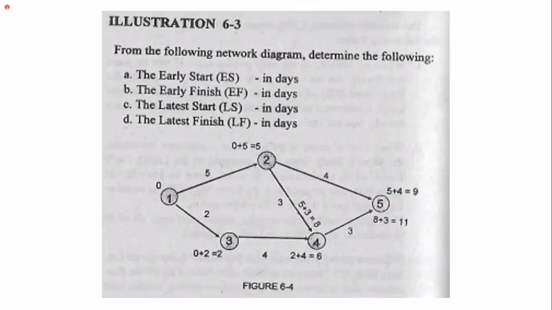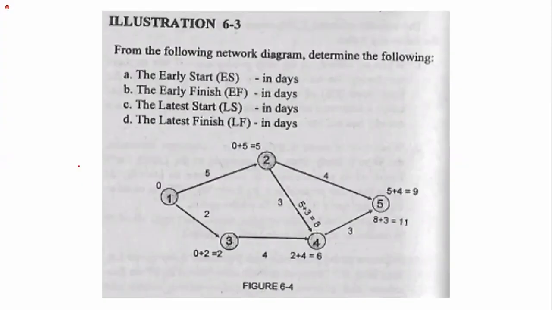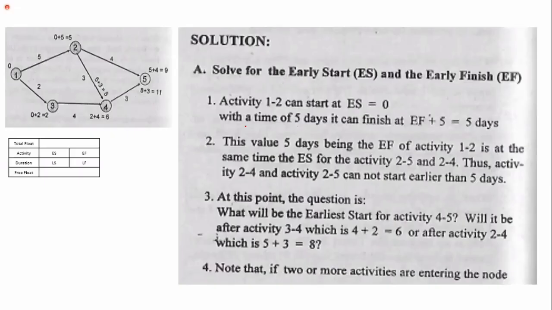In this example, we get the early start, early finish, late start, and late finish. It's easier to use this table: total float, activity, duration, early start, early finish, late start, late finish. The task is that we already have the precedence diagram, then we just solve for the early start, early finish, late start, and late finish.